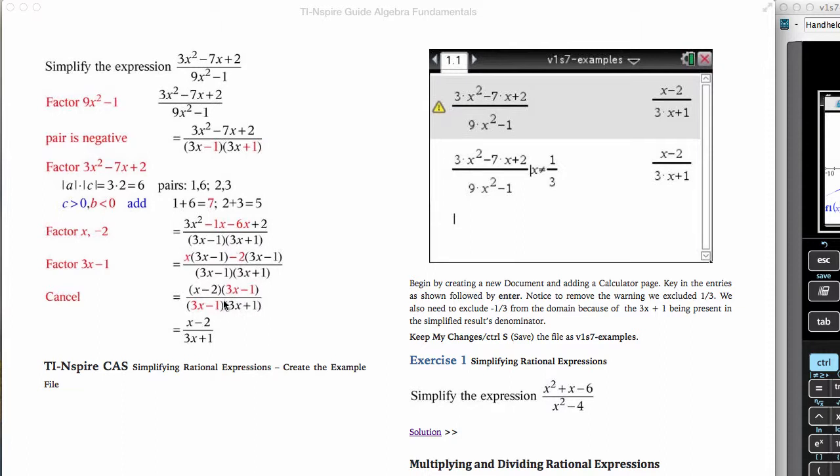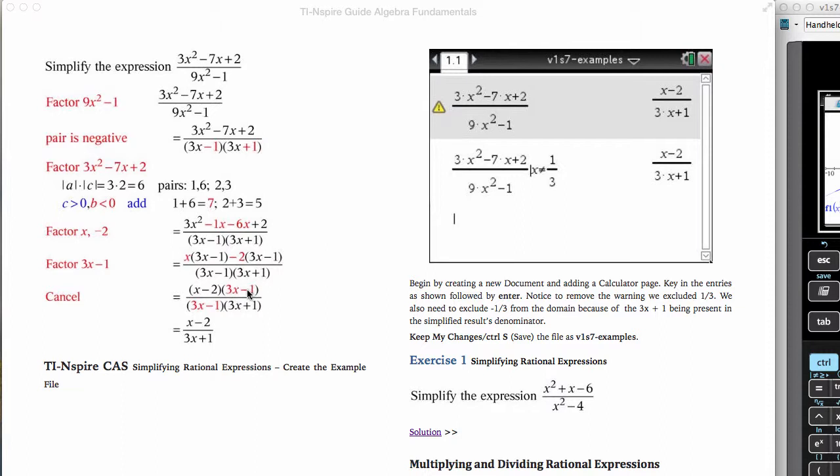Again, I'll let you take a look at this and see that 3x squared minus 7x plus 2 turns out to be equal to x minus 2 times 3x minus 1.